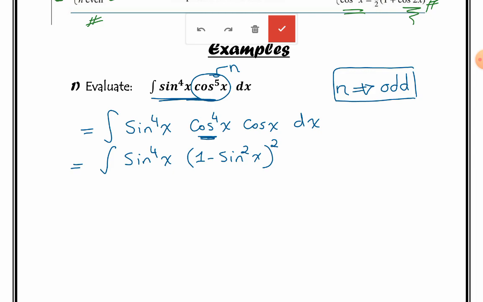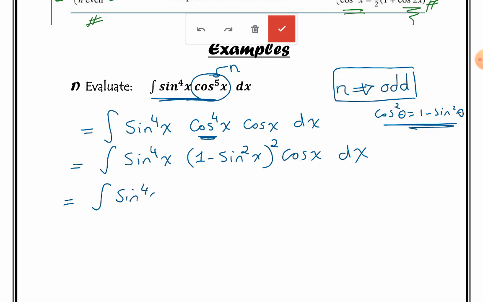Then cosine x as it is, and then dx. The next step, the integral of sine to the power of 4 x.